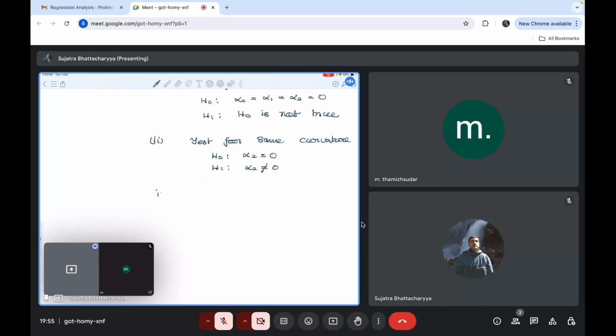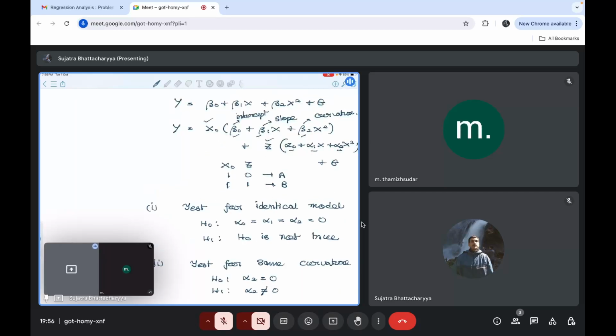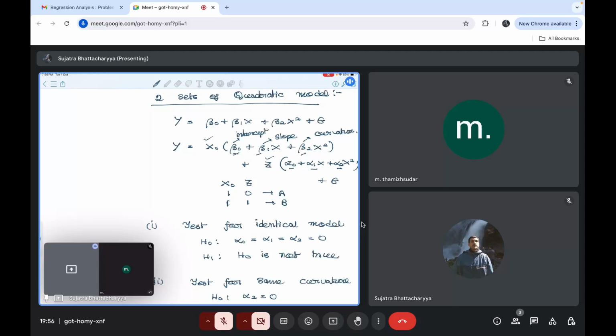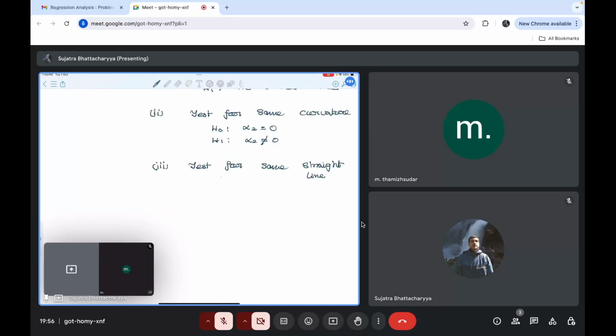Fine. Third, let us say test for same straight line. Although it's a polynomial regression, I'm saying that the two sets will have the same straight line. The straight line part is beta naught plus beta 1, so this will remain the same. Beta 2, alpha 2 will remain. Alpha naught and alpha 1 have to be 0. Correct? So for H naught, you have to put alpha 1 is equal to alpha naught is equal to 0.